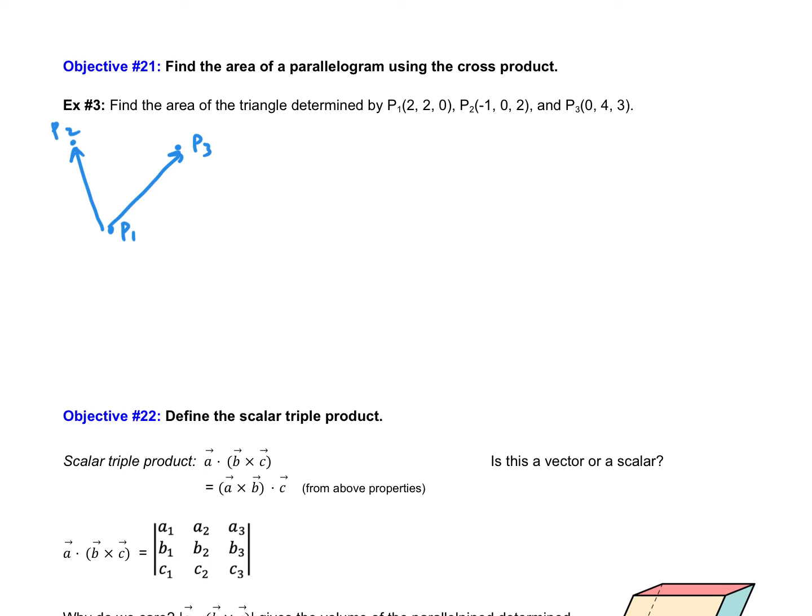Before we just start jumping into calculations, let's come up with a plan. If we have the vector from P1 to P2, and the vector from P1 to P3, what we saw already is that if we cross these vectors and find the magnitude, this will give us the area of the parallelogram.